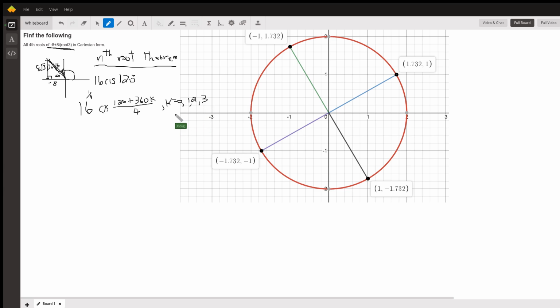That is 0 up to 1 less than whatever root it is we're taking.